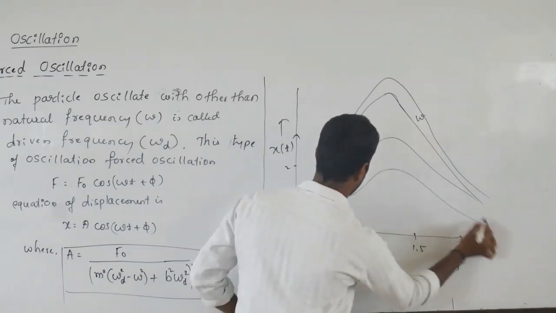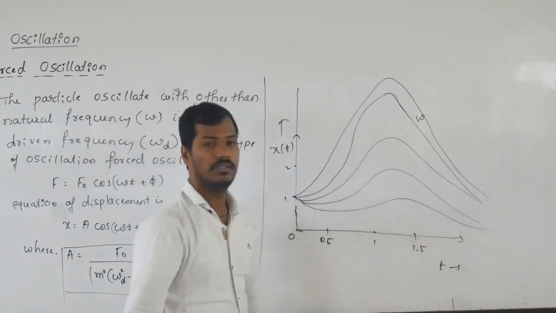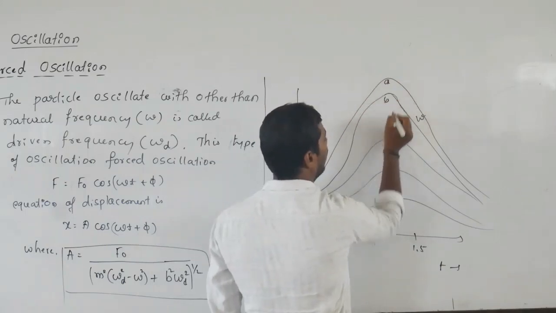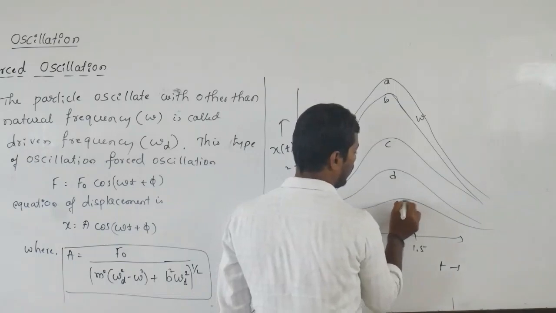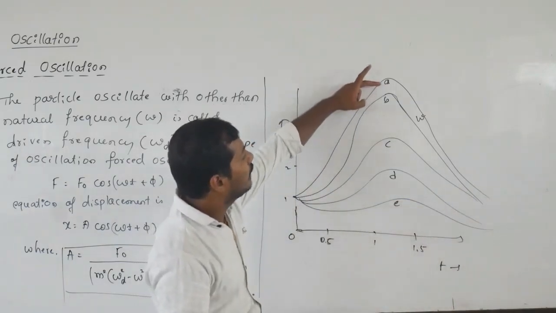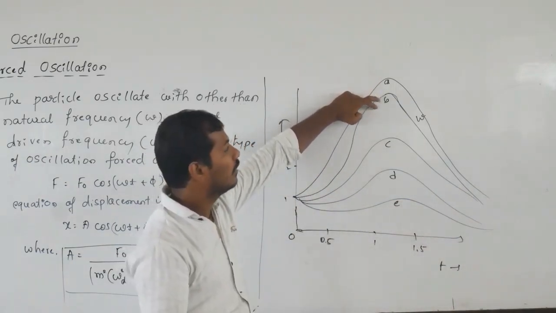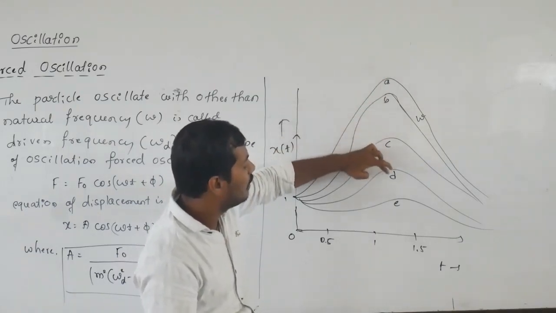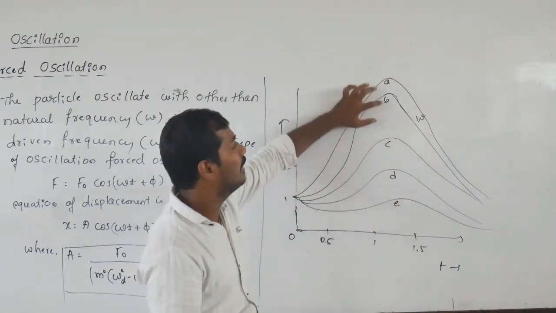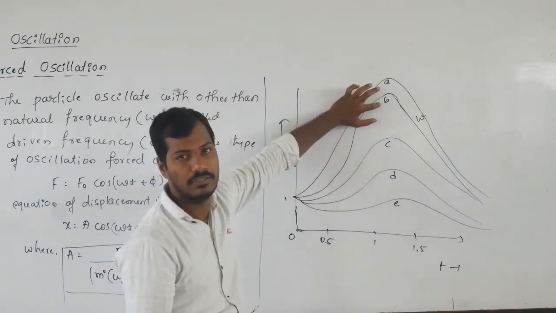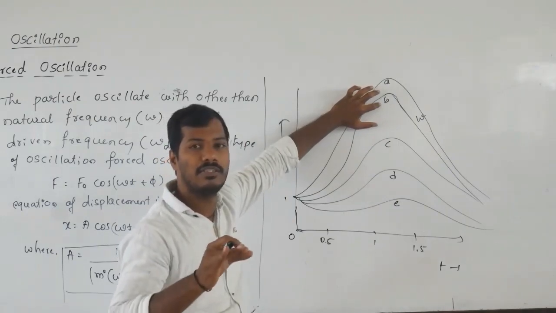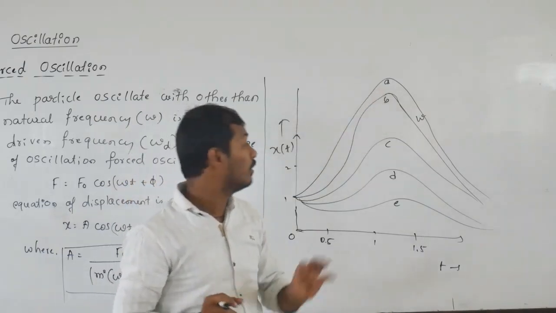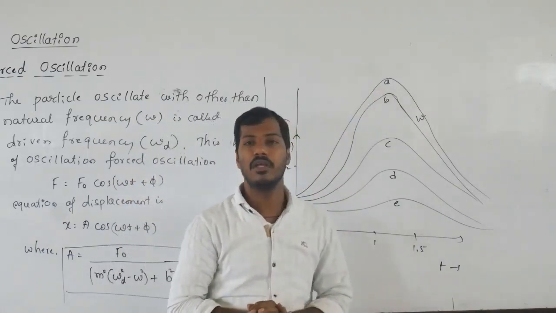Call these frequencies A, B, C, D, E. Here A is greater than B, and B is greater than C. All of A, C, D, E are driven frequencies. Consider B as the natural frequency. The driven frequency may be greater or less than the natural frequency.